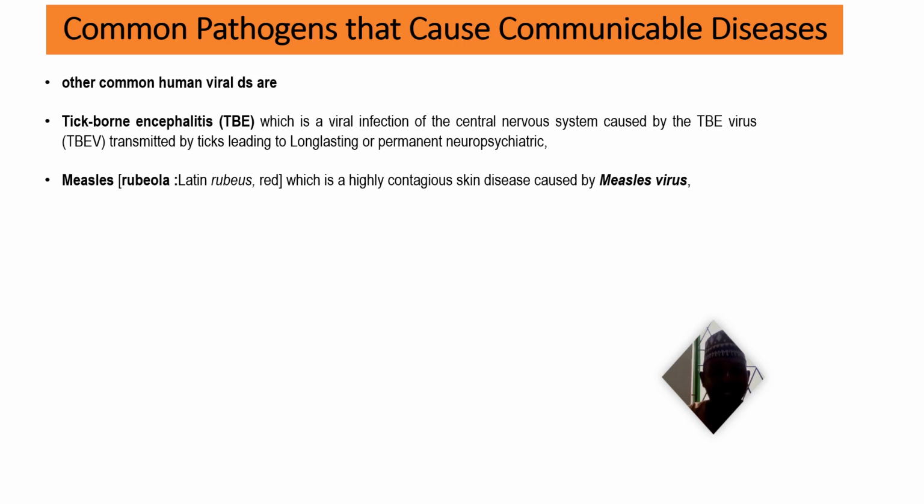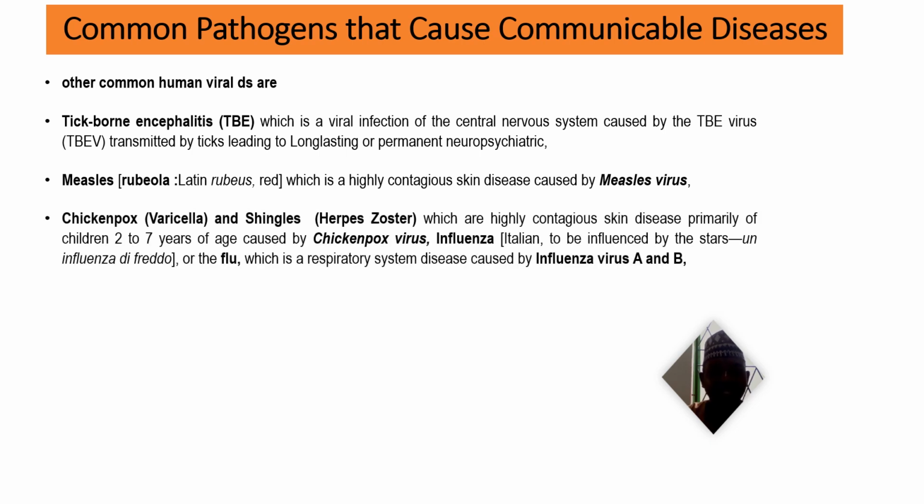We have the measles disease, which is caused by the measles virus, which is a contagious skin disease. We also have chickenpox disease. Chickenpox, shingles, all these are also highly contagious skin diseases, which are caused by the chickenpox virus.